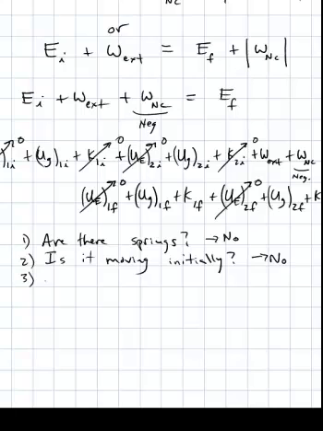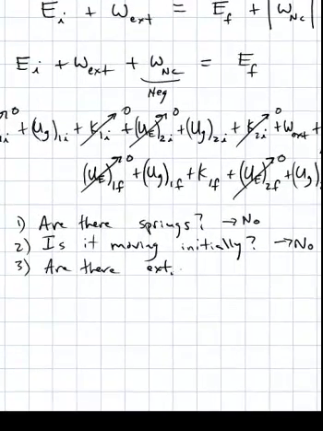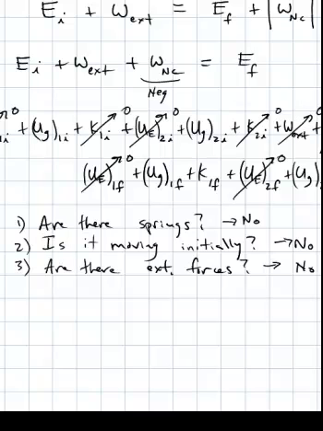Do we have any external forces? In this case, the answer is no, because we defined our system to include the Earth. We've got no external forces, so that term goes to 0. The work done by external forces is 0. Do we have friction or air resistance?